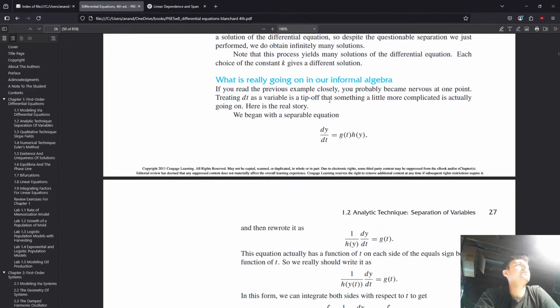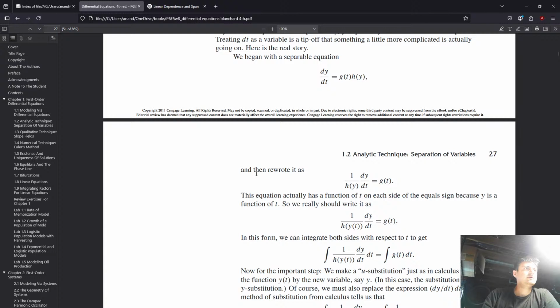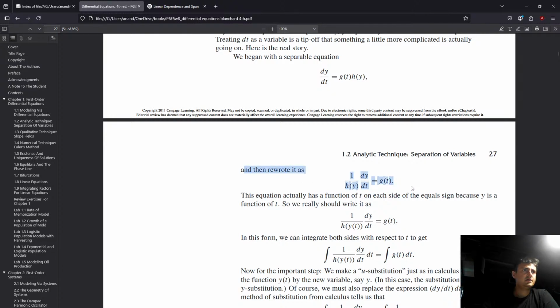If you read the previous example closely, you probably became nervous at one point. Treating dt as a variable is a tip-off that something a little more complicated is actually going on. With a separable equation, we rewrote it as 1 over h of y dy dt is equal to g of t. This equation actually has a function of t on each side of the equal sign because y is a function of t.